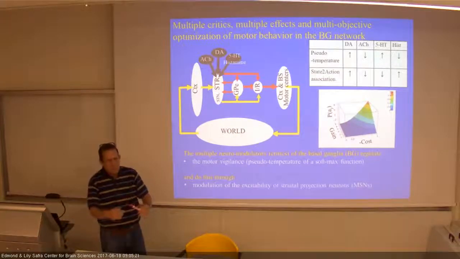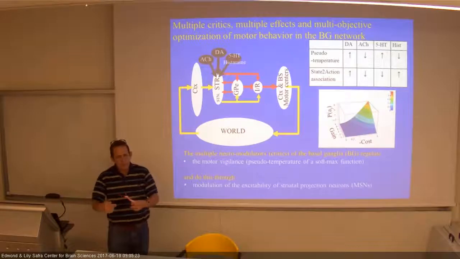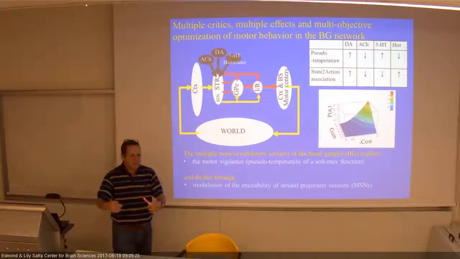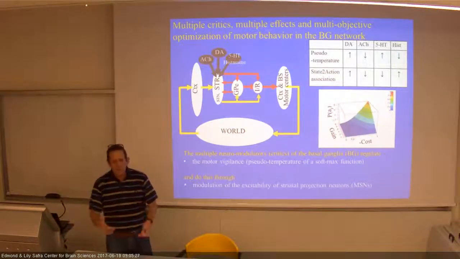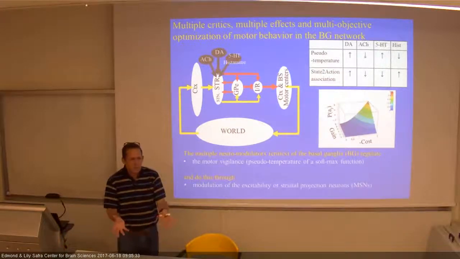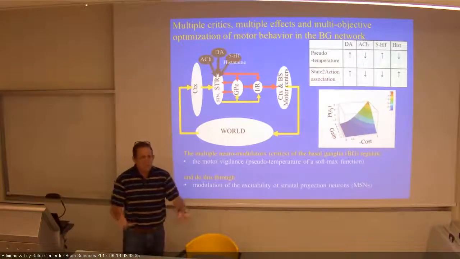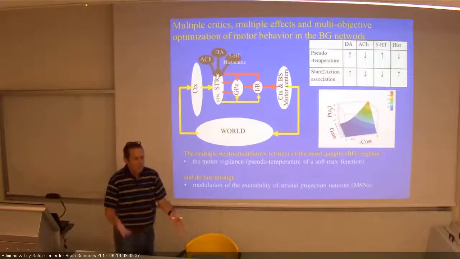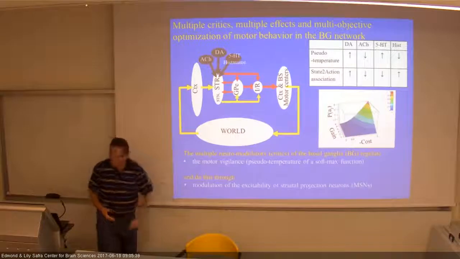Okay, so actually here we are back to the D1, D2 direct, indirect, okay? Yes, there is an effect on the excitability. This is very important, okay? This is why if I give you now a huge amount of dopamine, or you take amphetamine, speed, you'll speed your action, okay? So this is over there, okay?